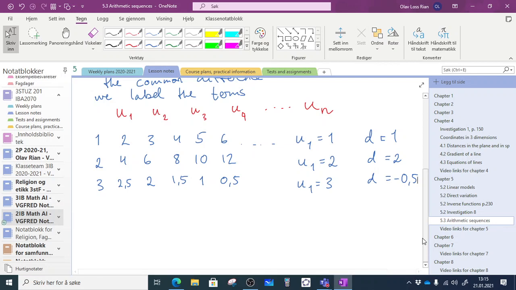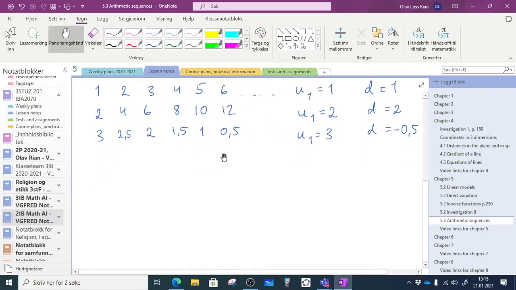Now, for these examples, we see that each term may be written as the previous term plus the common difference. And we can see how this becomes systematic as well. If I write U1 like this, then U2 is found by taking U1 plus the common difference.